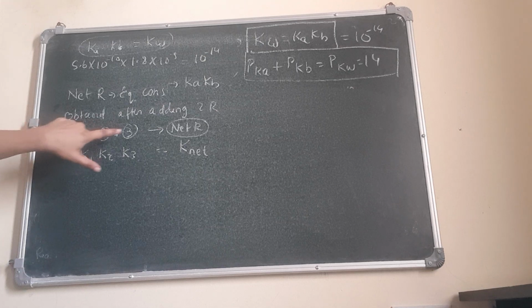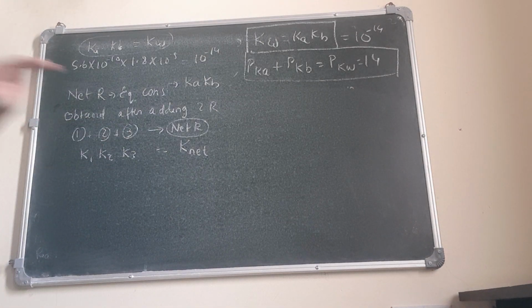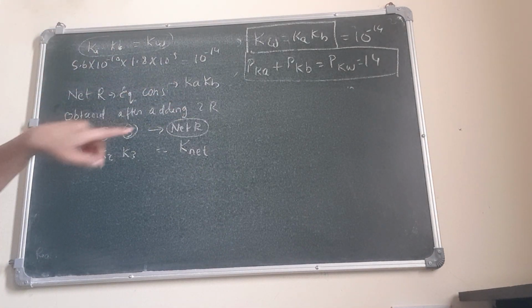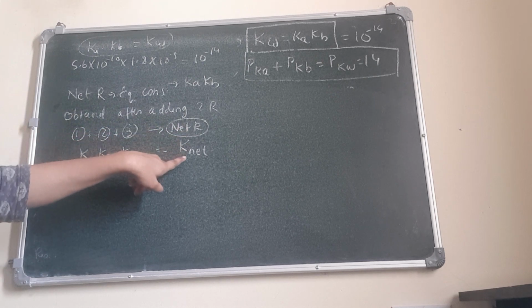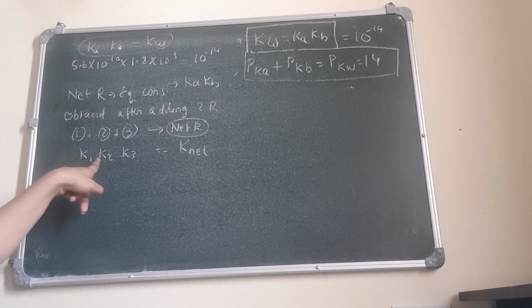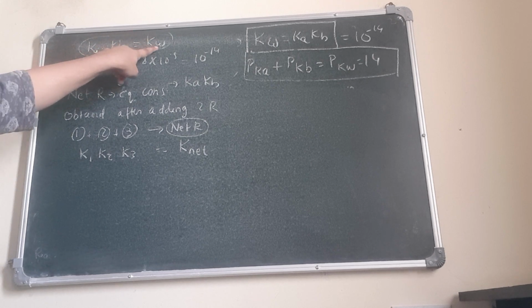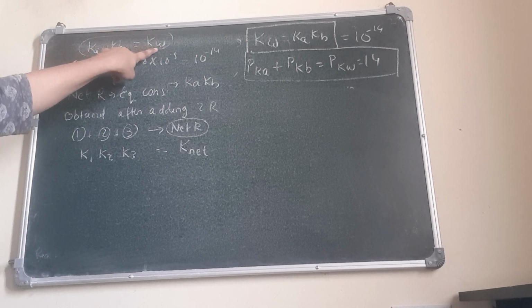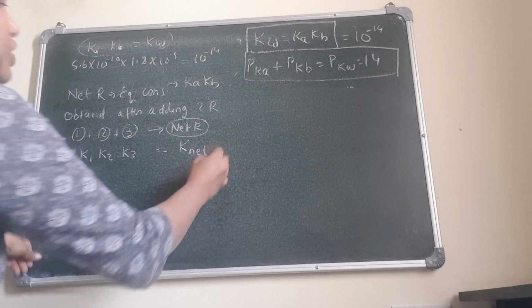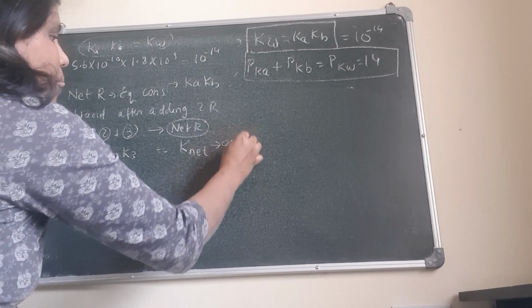So if I observe that I have a couple of reactions, when I add them I am getting some net reaction, the equilibrium constant of that net reaction is the product of the equilibrium constants of the individual reactions. This is all you need to ultimately remember. Now, if we are telling it for a conjugate acid-base pair, this is valid for a conjugate acid-base pair. This is specific. If I write Kw, it is specific. This is the general equation.